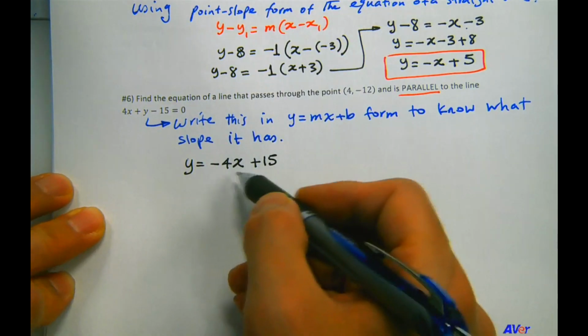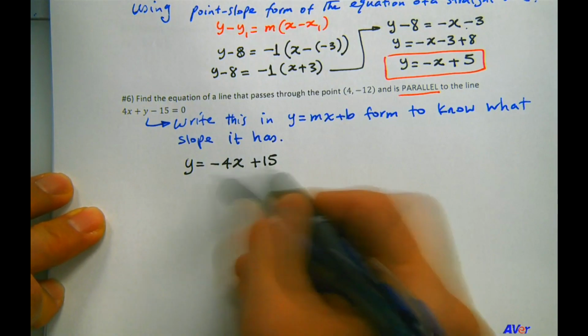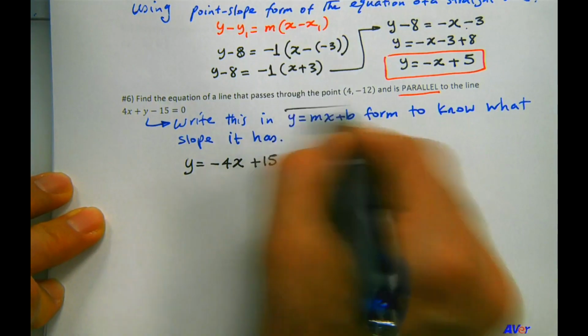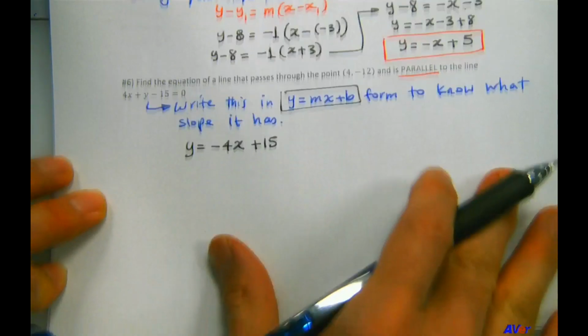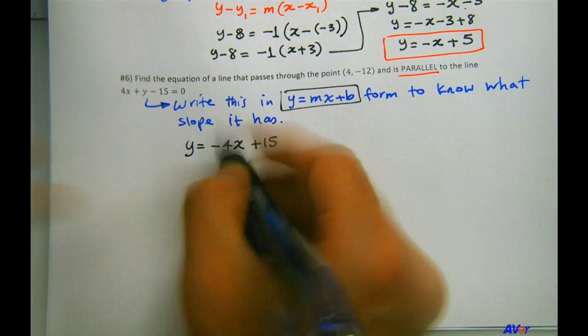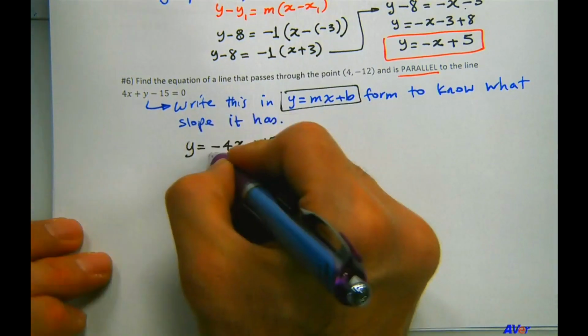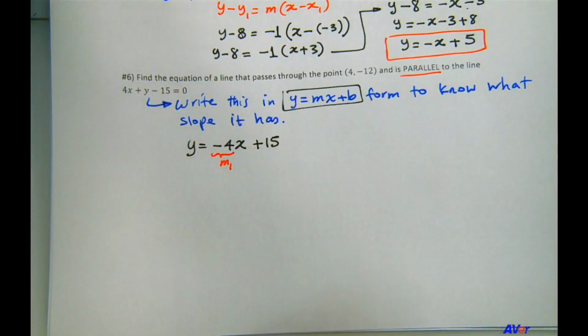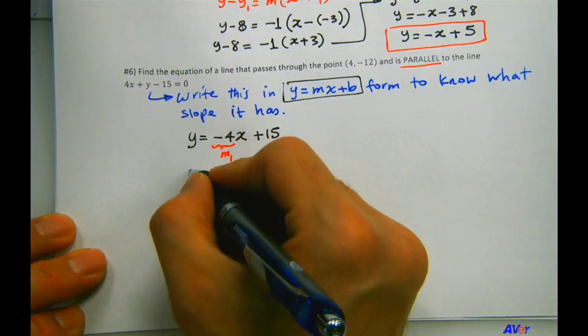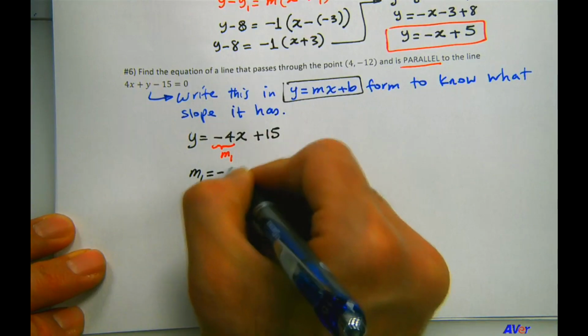We now have this slope-intercept equation, which is that form. So now we know what the slope is, right? So let's call this m1, the slope of the first line. So m1 equals negative 4.